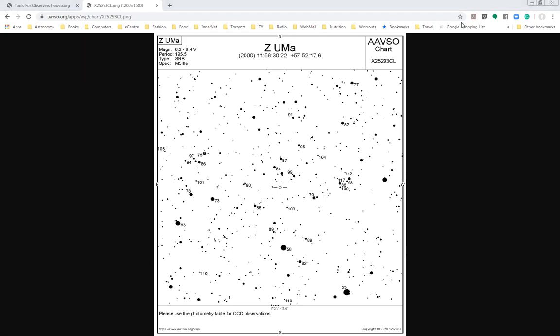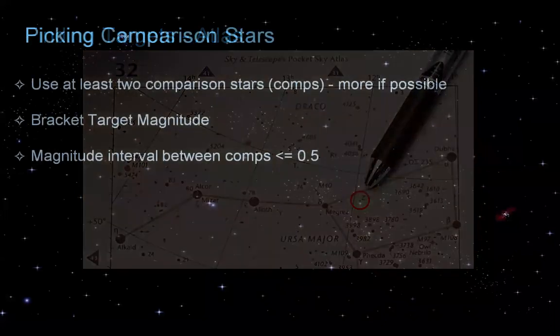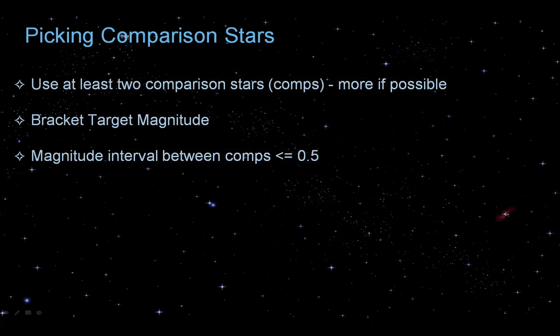So the next thing I want to show you is picking comparison stars. When you pick comparison stars off your star chart, here's just a few tips. You want to use at least 2 comparison stars or comps, and you want a couple more if possible.